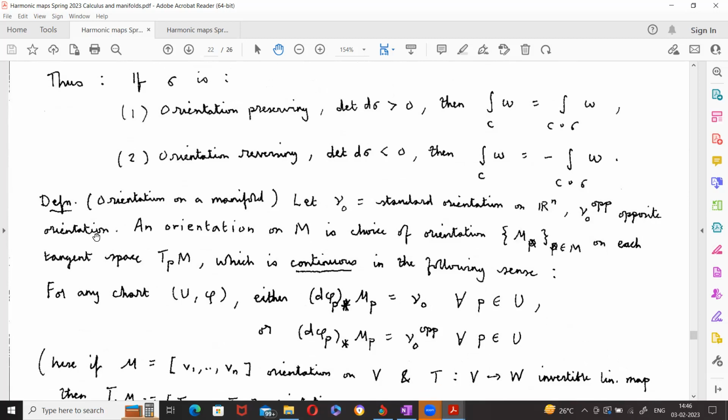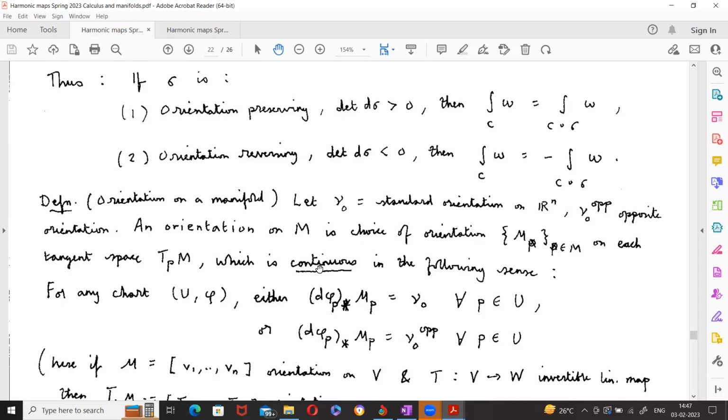So an orientation on the manifold M is a choice of orientation mu p, where p ranges over M, on each tangent space T_pM. And we want this choice of orientations to be continuous in the following sense. So an orientation is going to be a continuous choice of orientations on each tangent space.